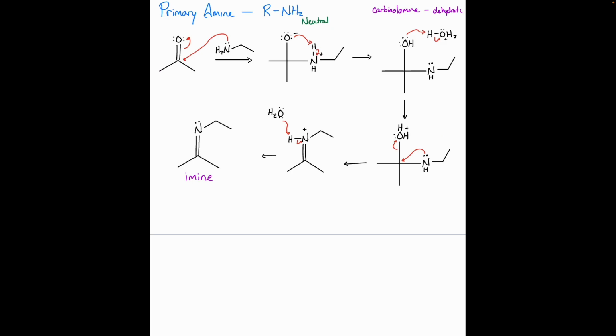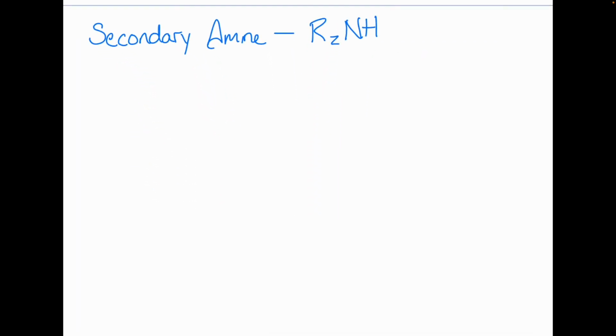All right, so then what if we have a secondary amine? This now is a nitrogen with 2 R groups and only 1 hydrogen. All right, I want you to try to complete these first 3 steps. We'll use dimethylamine here.